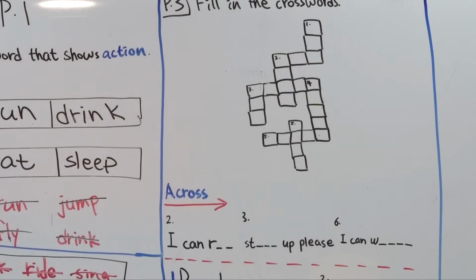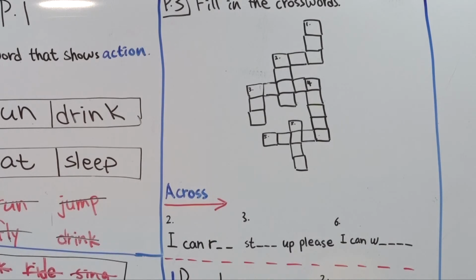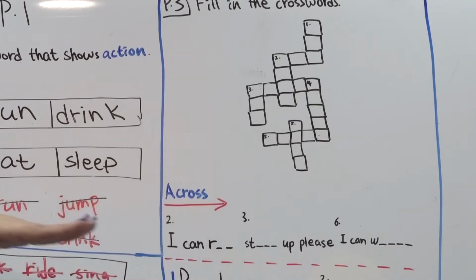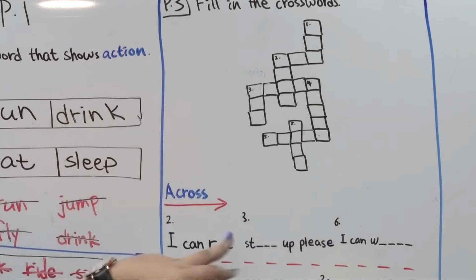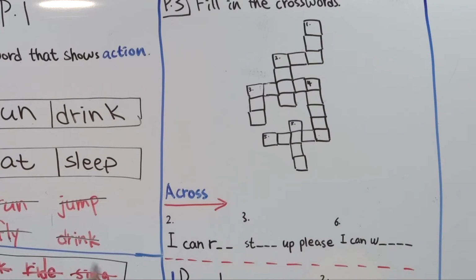Here, let's look at the section across. Do you know the meaning of across? Across goes like this, just like this direction. It has right in number 2 here. So number 2, the picture shows you the boy, what is the boy doing?